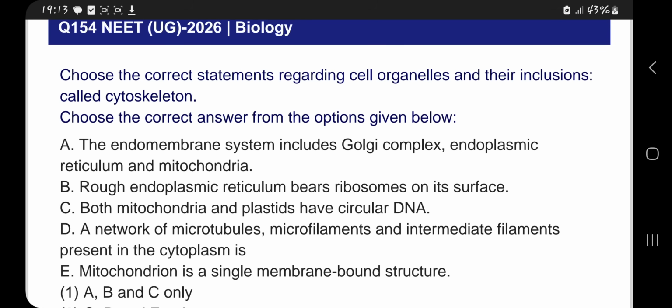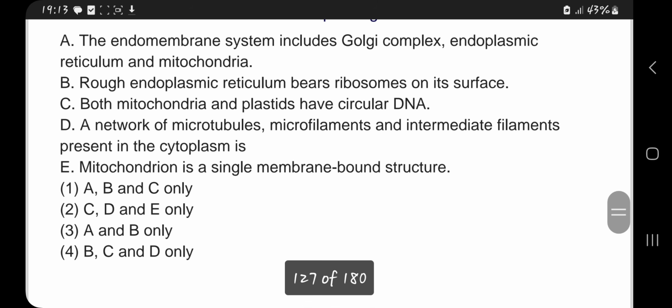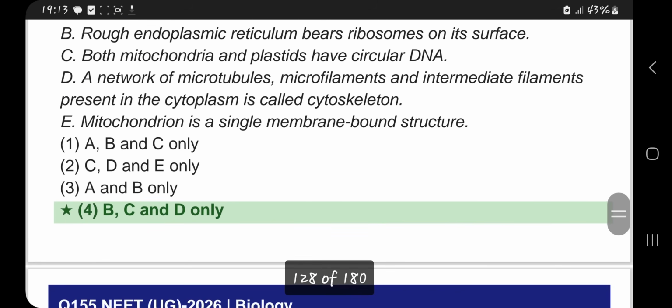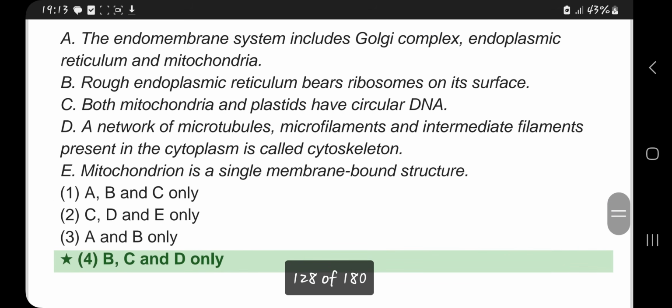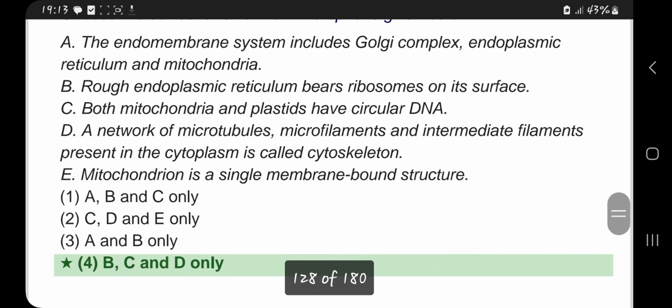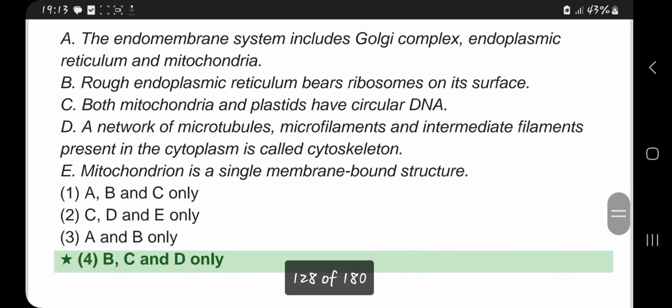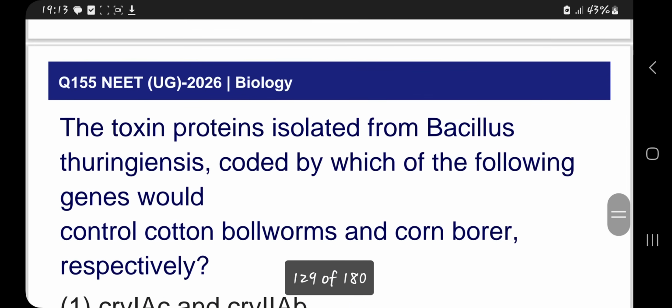D, a network of microtubules, microfilaments, and intermediate filaments present in the cytoplasm is cytoskeleton. E, mitochondrion is a single membrane bound structure. That is wrong. So seems to be B, C, and D only. Fourth option is correct. Reason A is wrong is lysosomes are not included. E is wrong because it is double membrane bound structure.